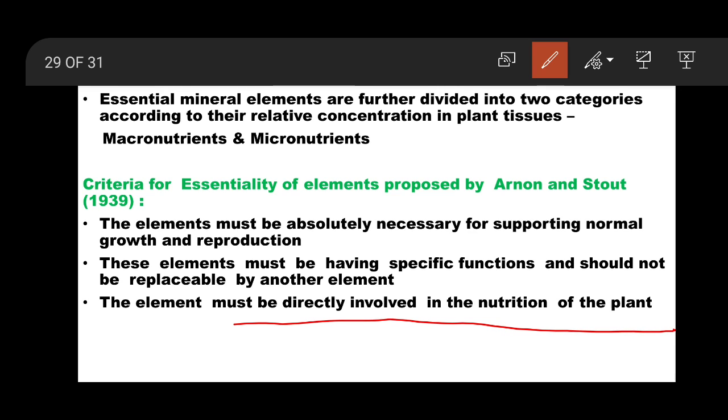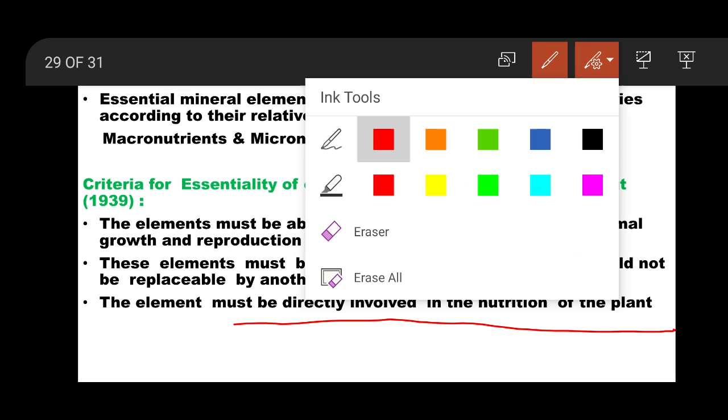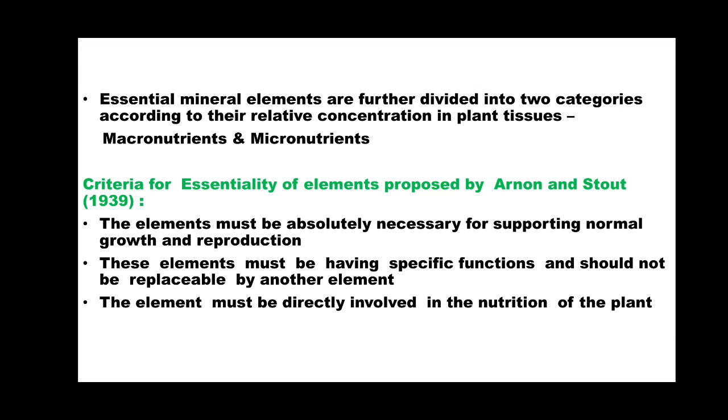directly involved in the nutrition of the plant. So there is direct involvement of that element in nutrition of the plant, no indirect involvement. Directly it is involved in the nutrition of the plant. So that is also a criteria for essentiality.